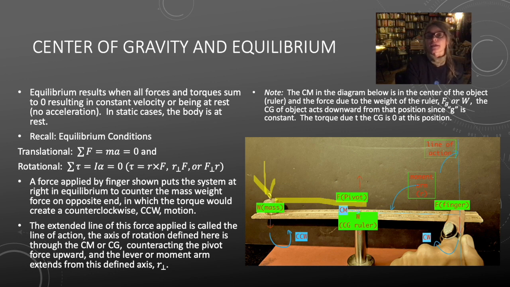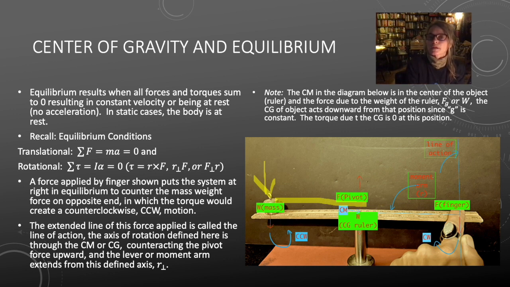Now my finger is going to counteract that with another torque. As you can see, you have what's called the moment arm, which is the R value, the position with respect to the axis of rotation. My finger is going to act along this moment arm at a certain position, and it's going to apply a downward force that would create alone a clockwise motion.